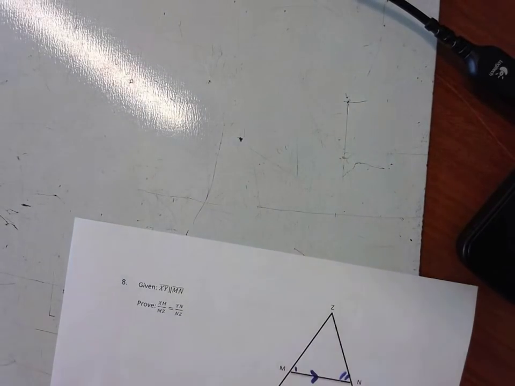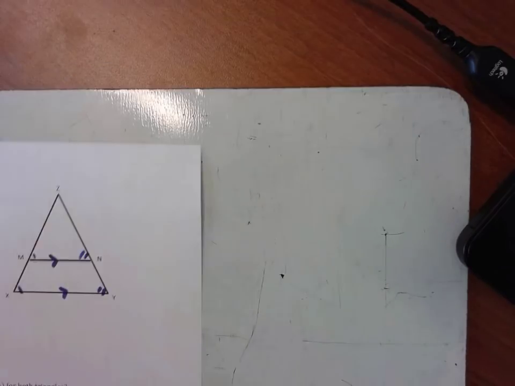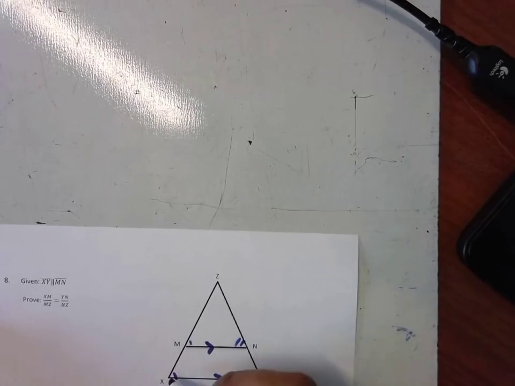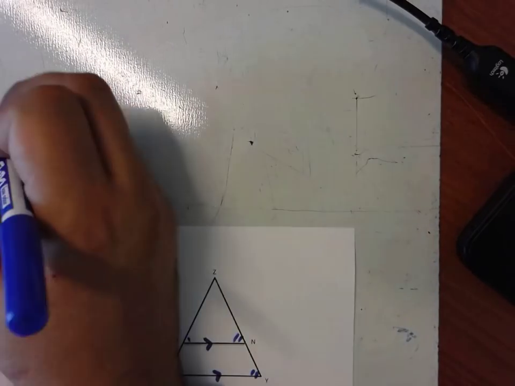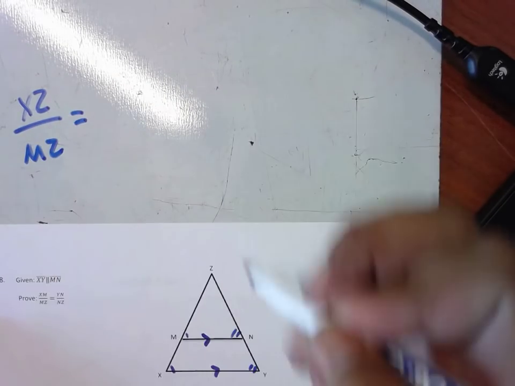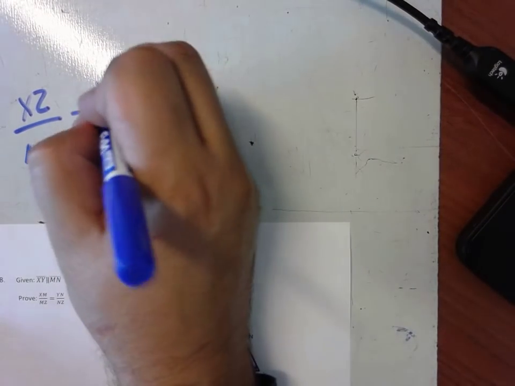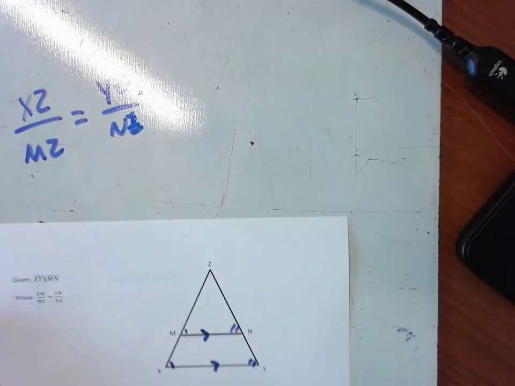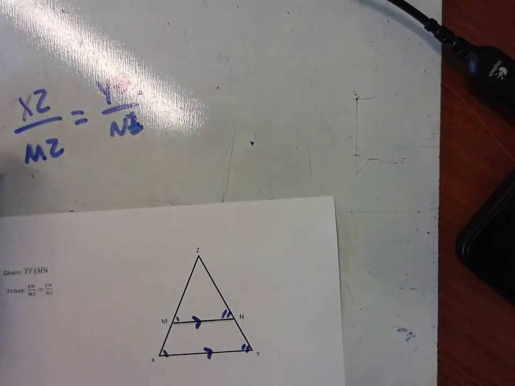This then gives you this triangle, XZ over MZ equals YZ over NZ, because they're proportional.